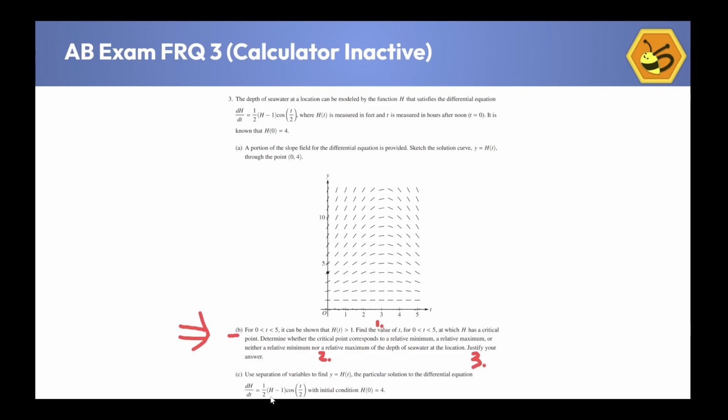And a quick hint for those who might be stuck on part B. h has a critical point when its derivative is 0 or undefined. So, on what locations might this expression be 0? We're given that h(t) is bigger than 1 on this interval. So, on what location might this expression be 0? And you can set it to 0 and solve for t.